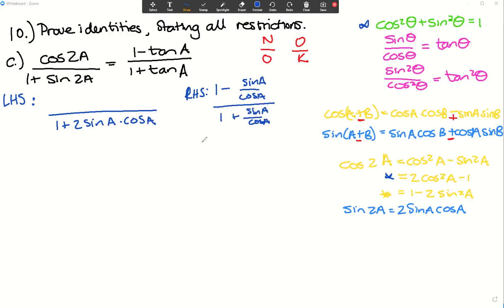If I change this into a fraction, I can have a lowest common denominator here. This 1 can become cos A over cos A. So this ends up becoming cos A minus sine A all over cos A. That's just that top part there.